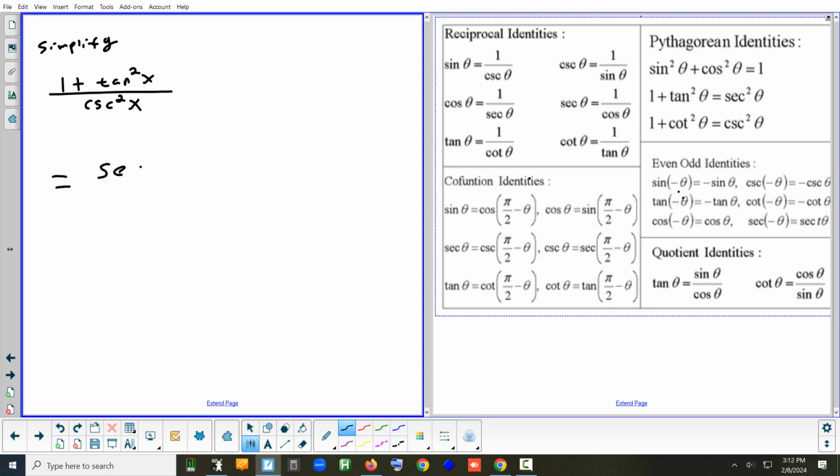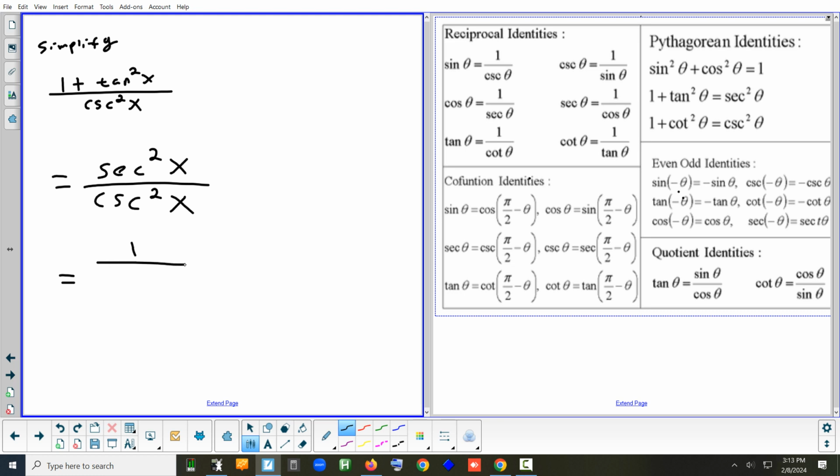Okay, so now we have secant squared divided by cosecant squared. Now I would say let's try changing to sines and cosines and see what happens, but pretend the squared isn't there. What is secant? It's 1 over cosine.